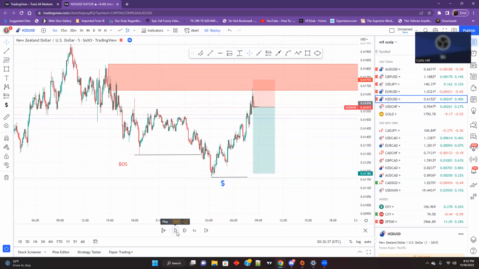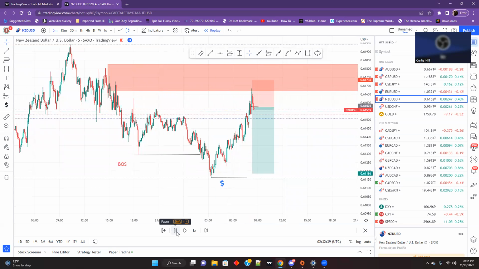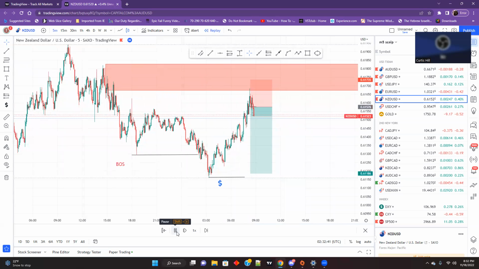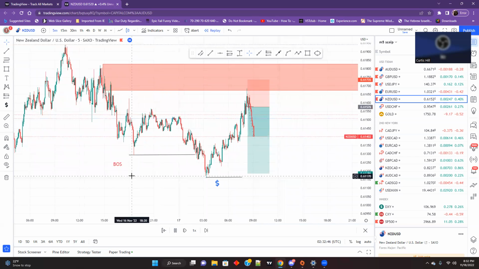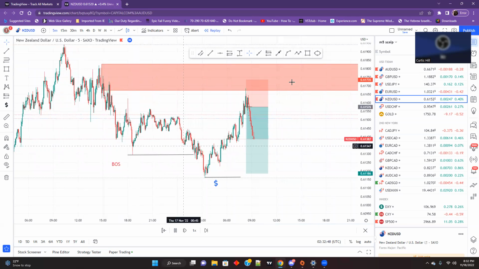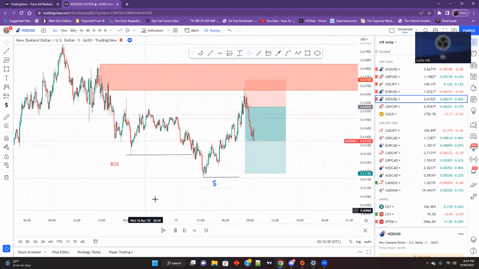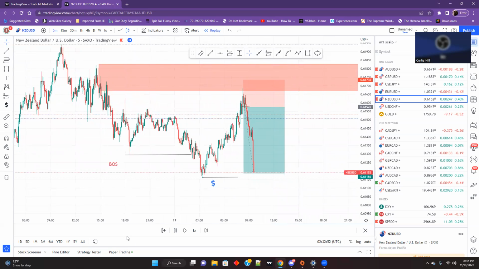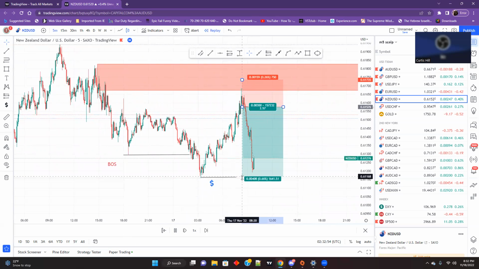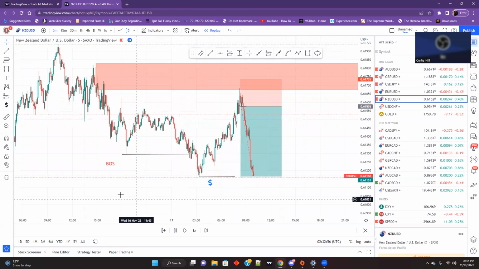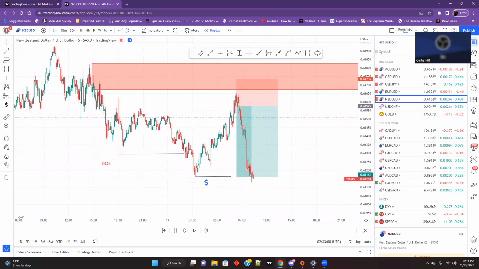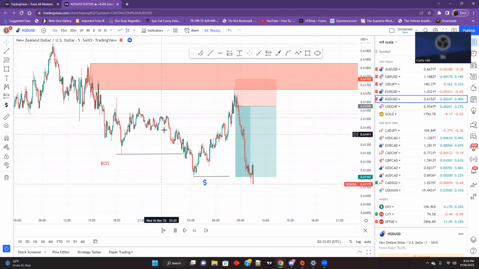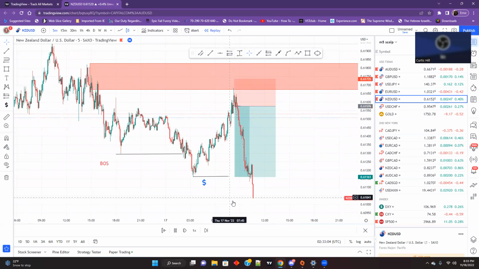Oh, and we came up a little bit, made that M, and people that trade patterns would have got the M. Simple as that. Oh, no, it's right there. And it took out all of them. It's going to take out all them traders that put the buy in. Easy M5 setup. And I could have kept it going.